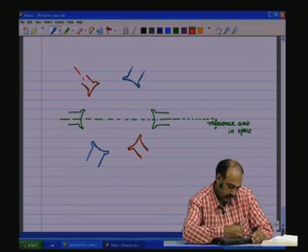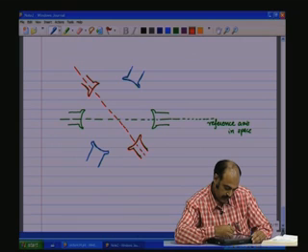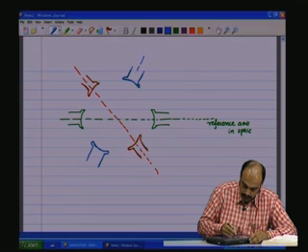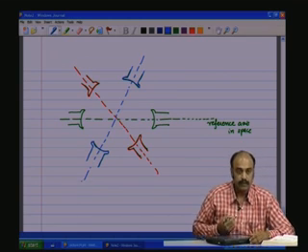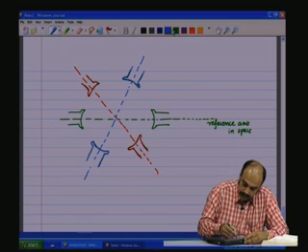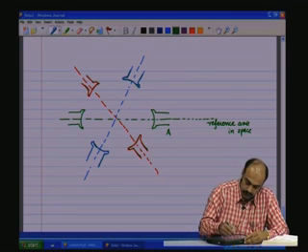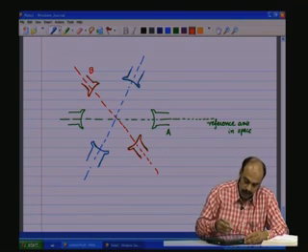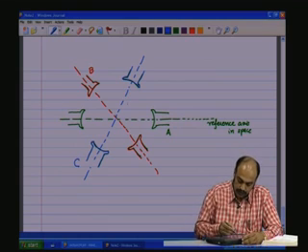So, this pole set is fixed in space, this is not rotating, this is fixed in space with respect to the other. So, let us say that this green one is the A pole set, the red one is the B pole set, and the blue one is the C pole set.